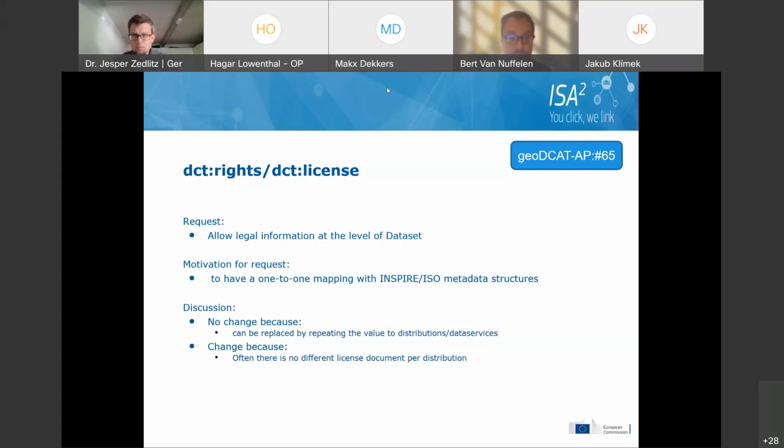So I just want to know what the needs or feelings in the community are: should we allow legal information at the level of datasets, and should we pursue this track in the future?